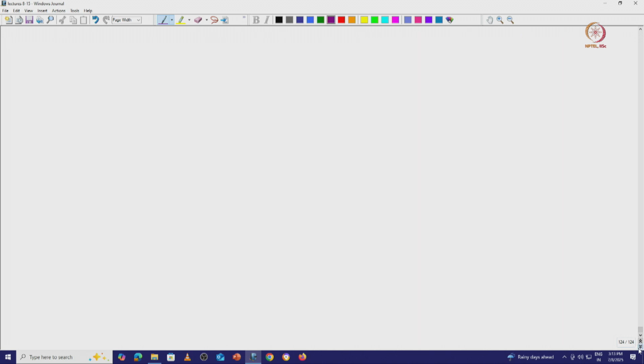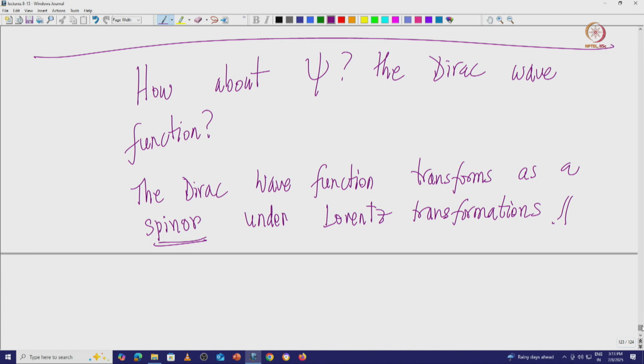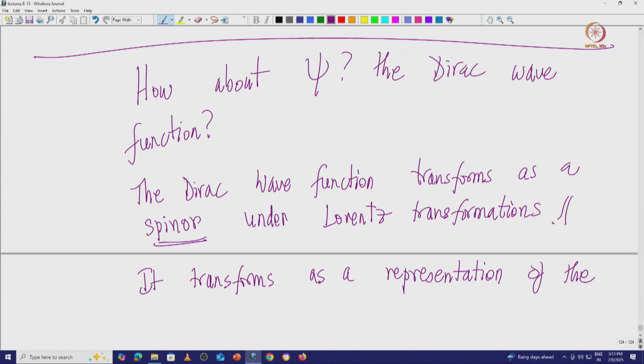It transforms as a representation of the Lorentz group in spinorial space, in spinor vector space.